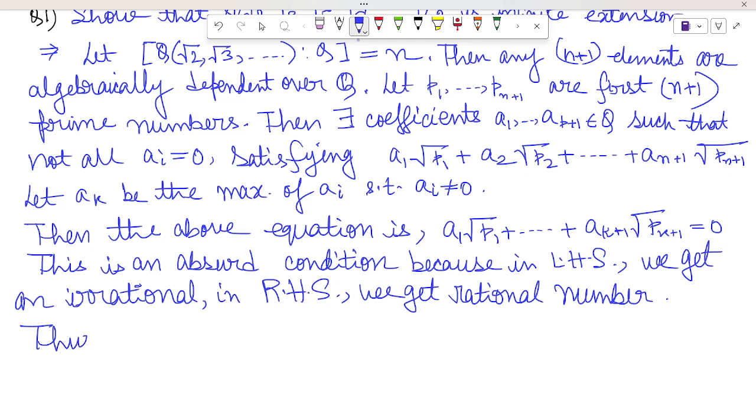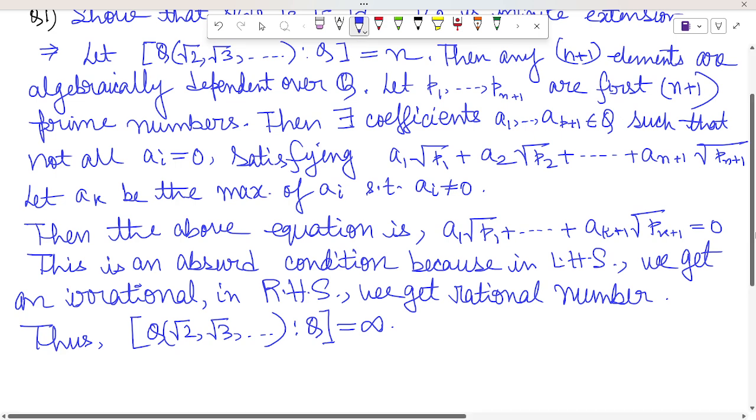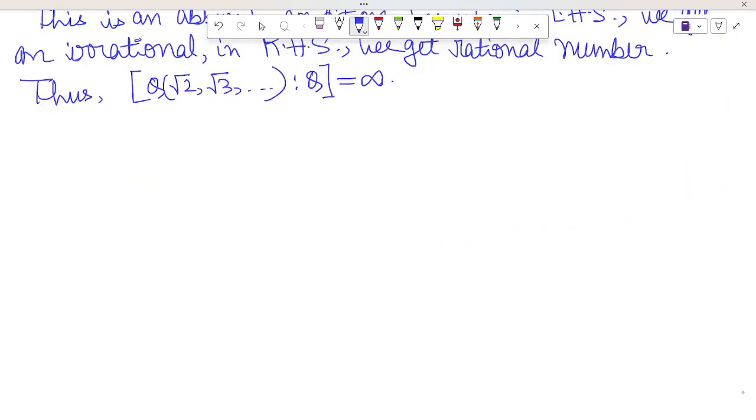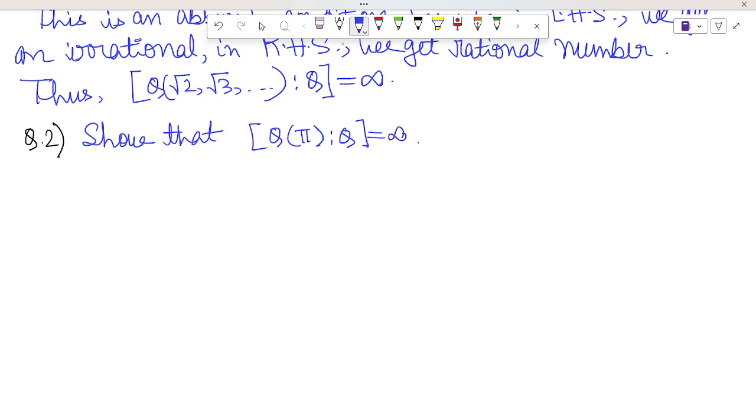Thus, the second one. The second one is about verification.